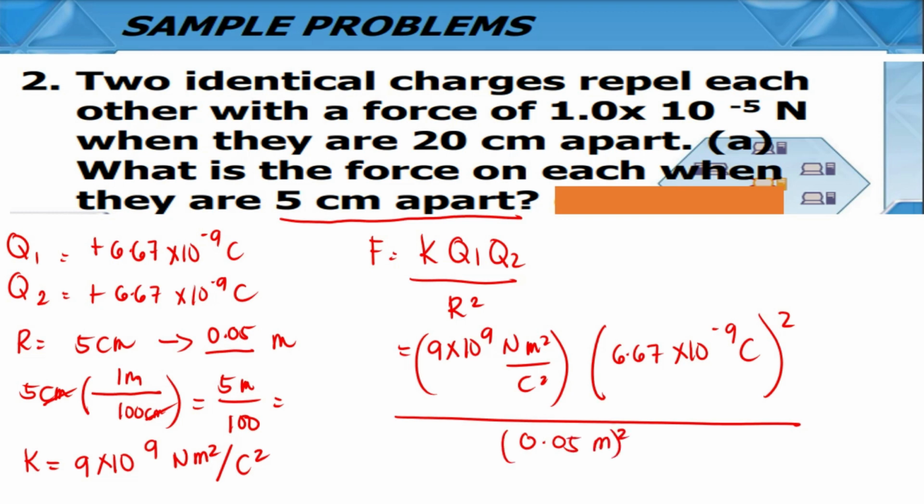So if we're going to simplify this, 9 times 10 raised to 9 newton meters squared, divided by 0.05 meters squared. So the answer here will be, our force will be 1.60 times 10 raised to negative 4 newtons.